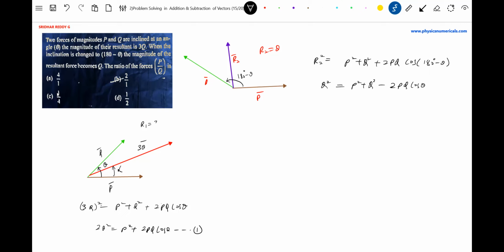This becomes Q square. Q square cancels, so P square equals 2PQ cos theta, equation 2. Put 2 in 1.